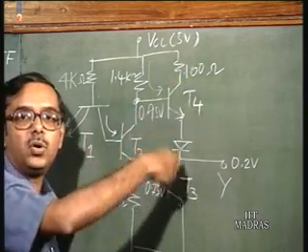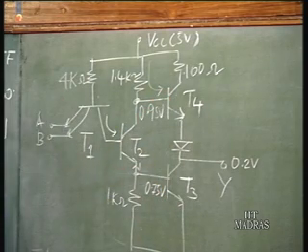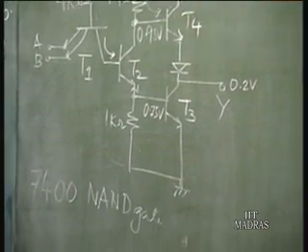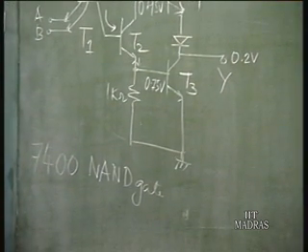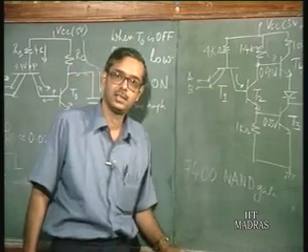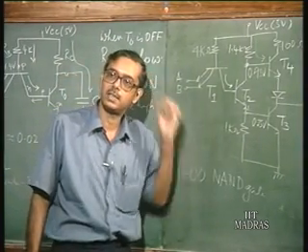So you have very low collector current flowing. So this is the basic TTL circuit, the 7400 NAND gate, which was available commercially in the mid 60s, one of the earliest versions of the TTL gate.